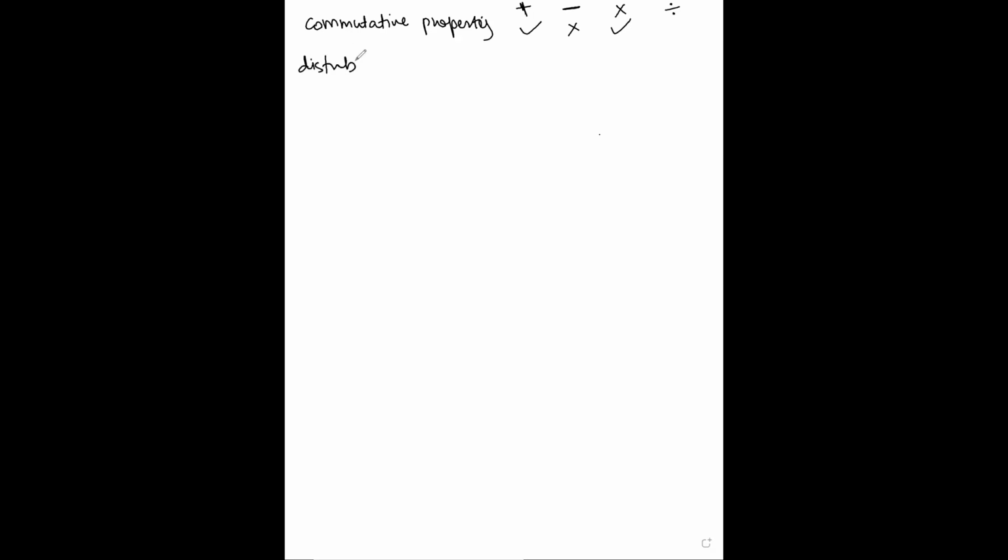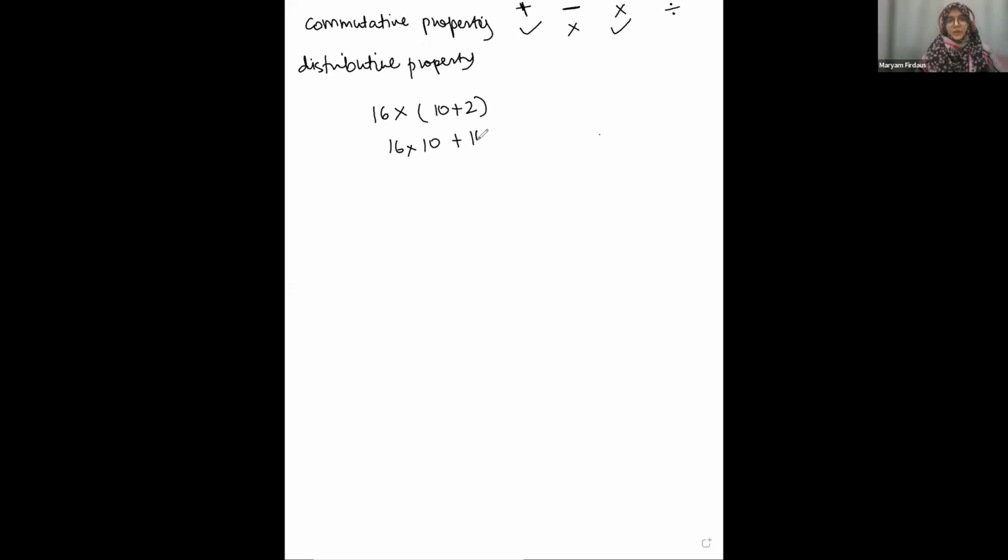Distributive properties: the product of a sum or difference of a number is equal to the sum or difference of the products. Example: 16 multiplied by (10 plus 2) is equal to 16 multiplied by 10 plus 16 multiplied by 2.